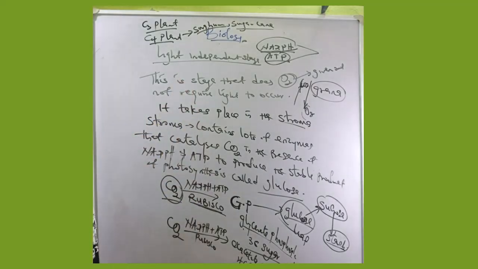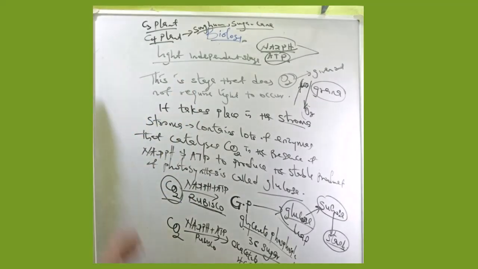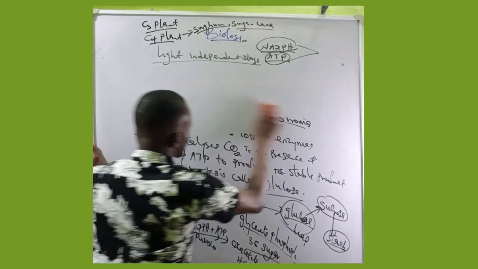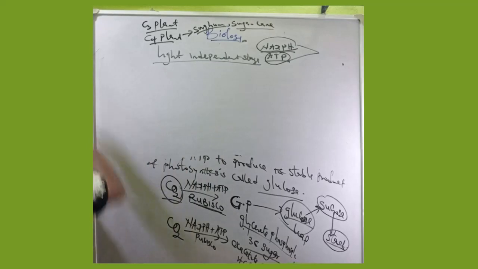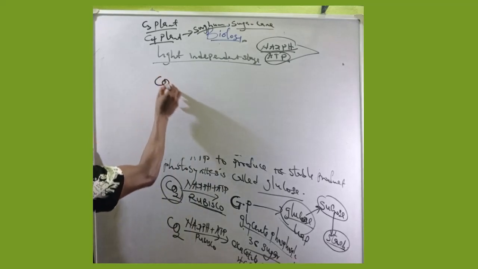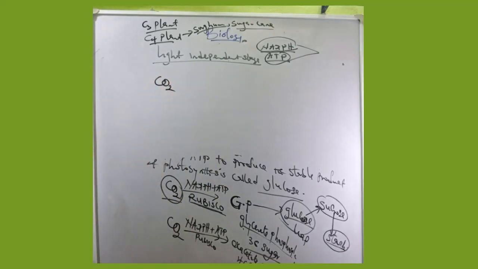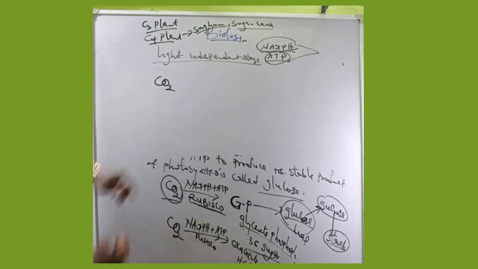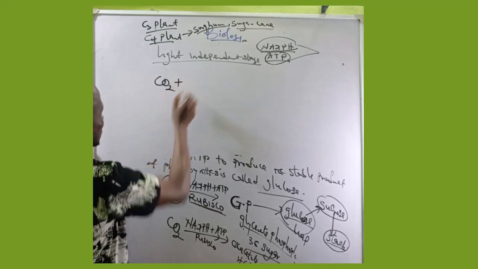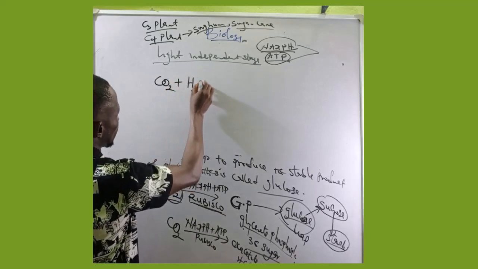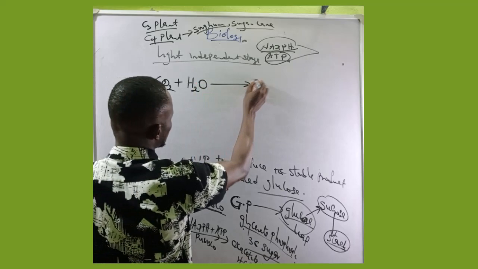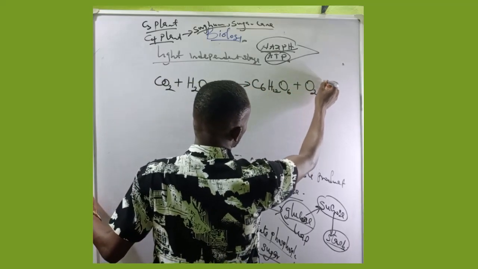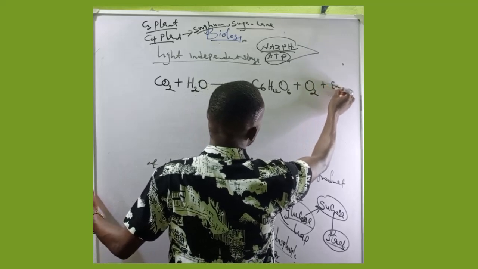So this is the process that leads to the equation I wrote earlier, the equation of photosynthesis. CO2 is taken in by the plant through the stomata. The plant takes in CO2, which reacts in the presence of water to produce glucose, and the oxygen is given out, plus energy.